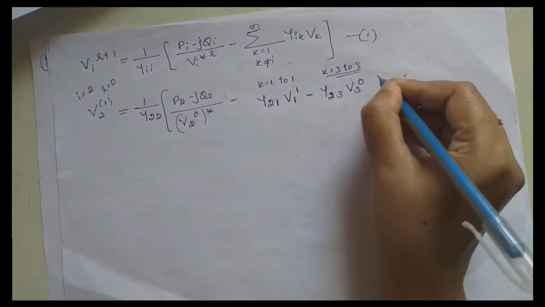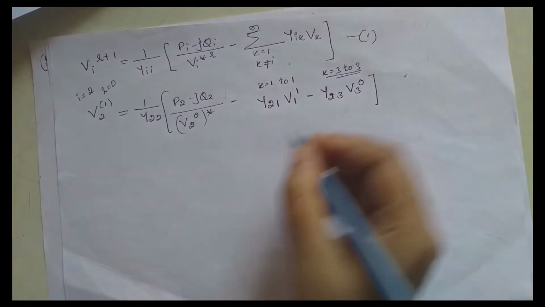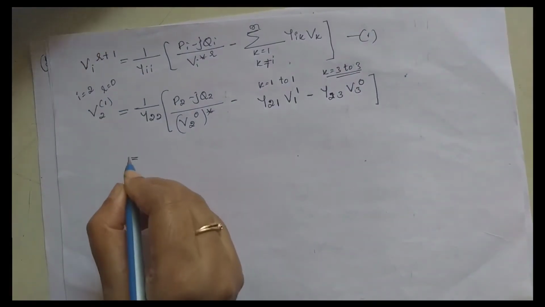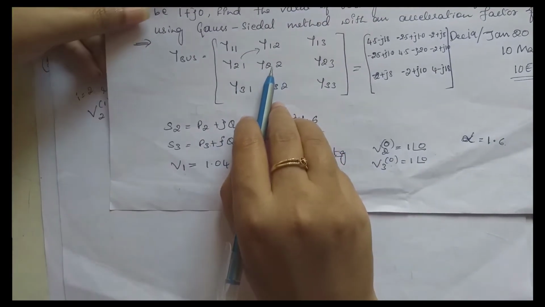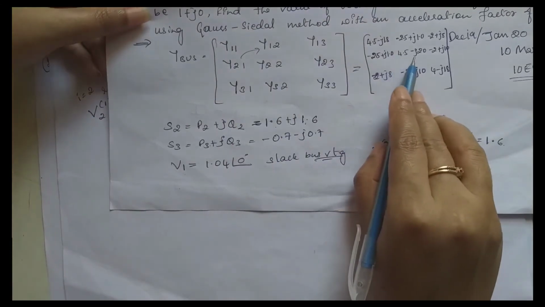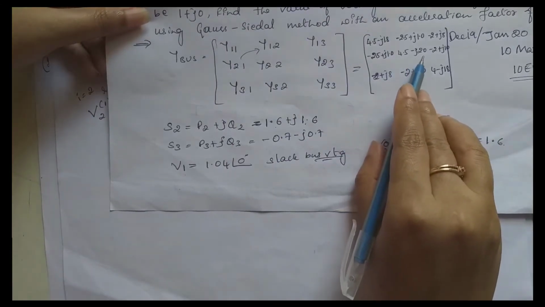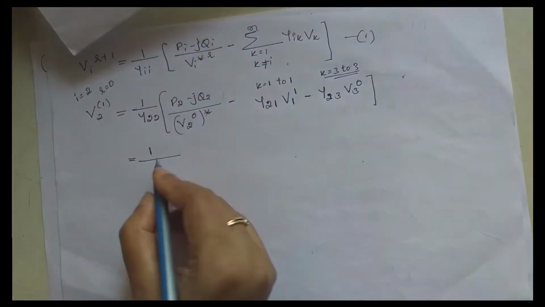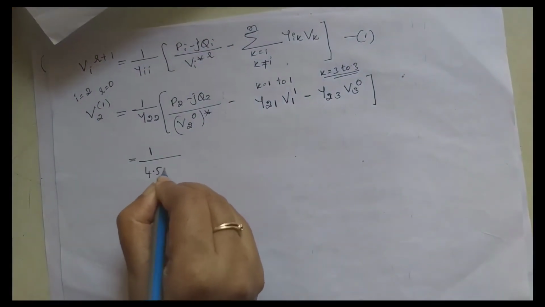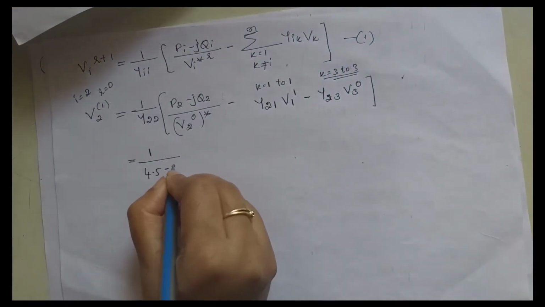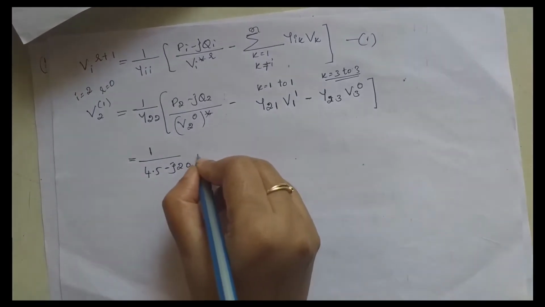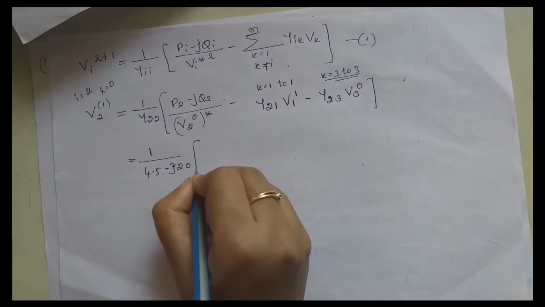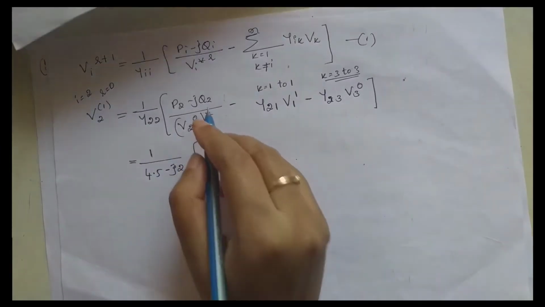V3(0). Okay, so just to substitute whatever data we have: 1 divided by Y22, which is 4.5 minus j20, and P2 minus jQ2.